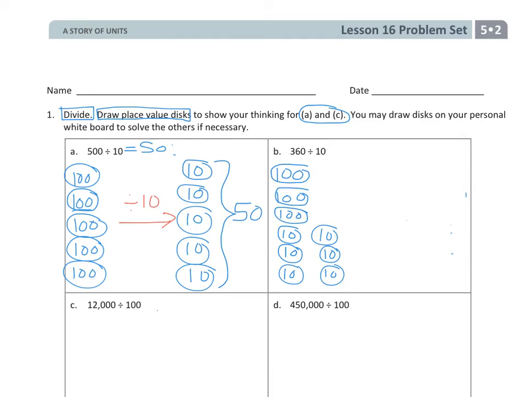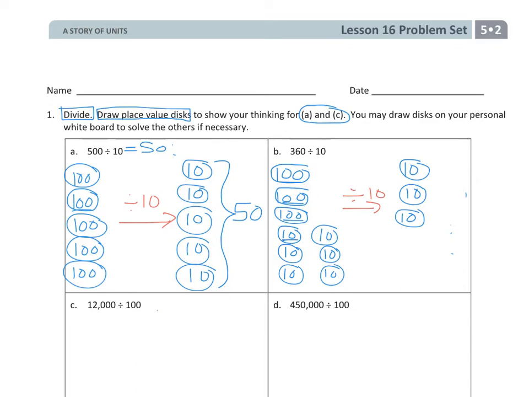And so now what we're going to do is divide each place value disc by 10. And so let's think, 100, this first one right here, 100 divided by 10 would give us a 10 place value disc. The second 100 place value disc divided by 10 will give you another 10. And the third 100 place value disc divided by 10 would give you a 10 place value disc. Now we have the first 10 place value disc divided by 10.